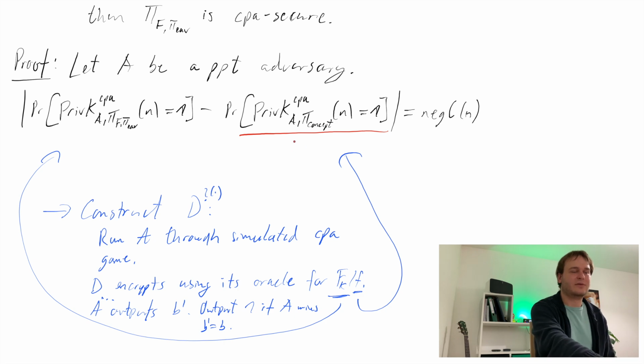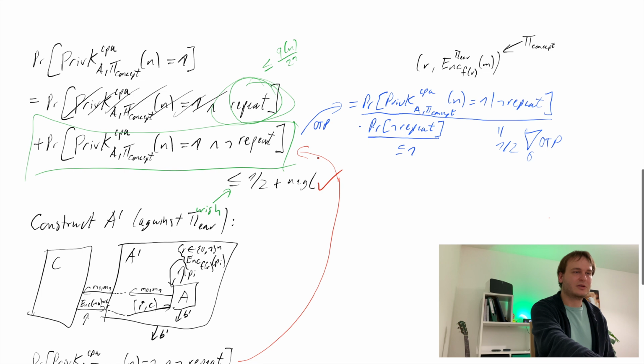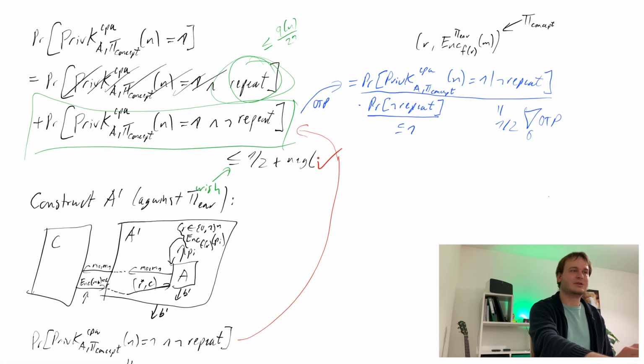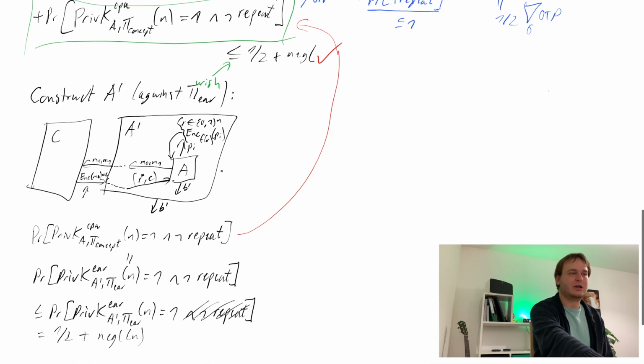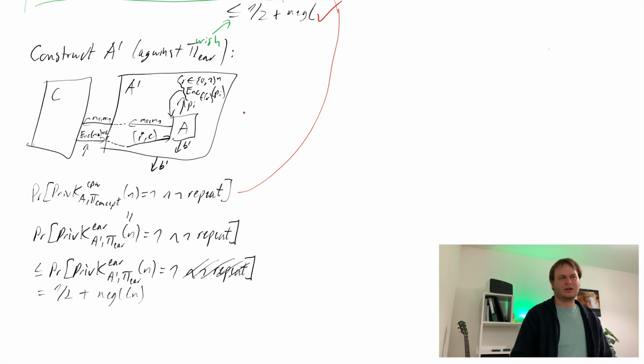So then in the following, we could also just look at the conceptual scheme. In the conceptual scheme, we had to do the case distinction, whether or not the r repeats. And if the r doesn't repeat, then we were able to come up with a reduction to the security of the eavesdropping game.